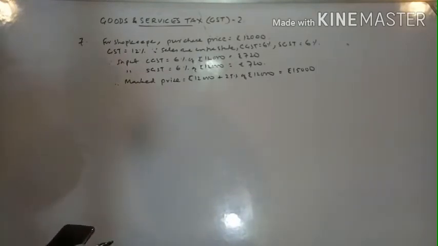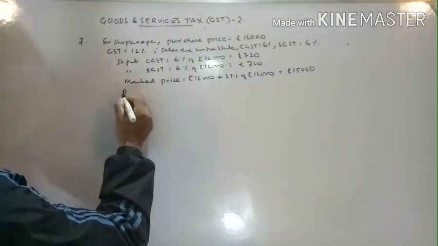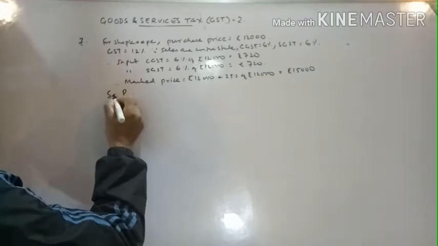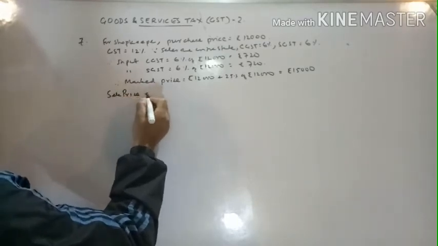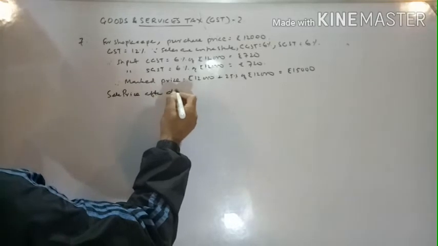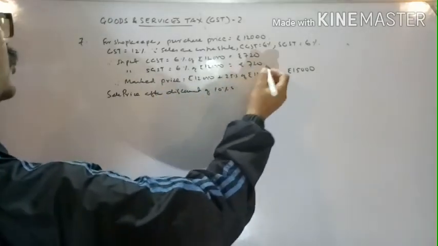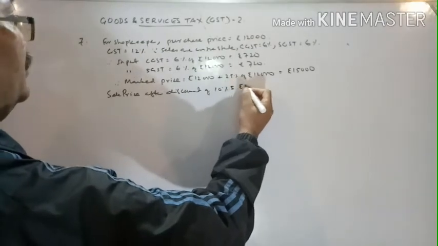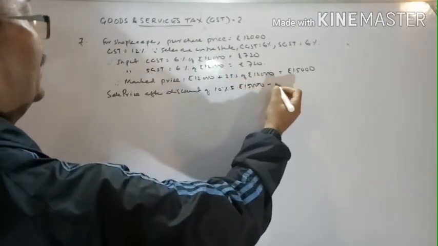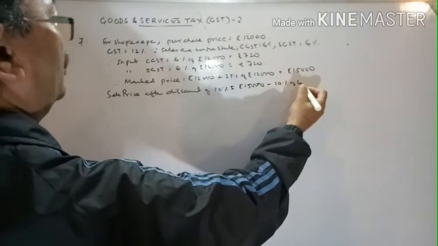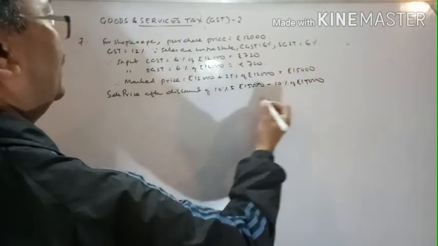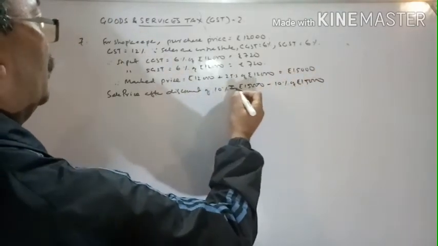So after doing that, what does he do? Then he gives a discount of 10%. Okay, so sale price after discount of 10% is equal to rupees 15,000 minus 10% of rupees 15,000, because he gives 10% discount.